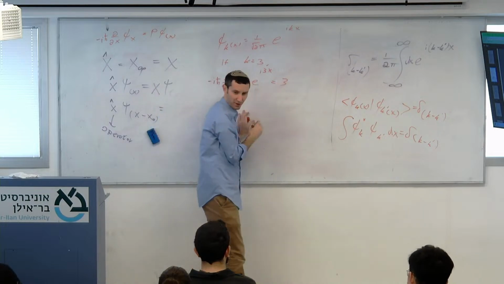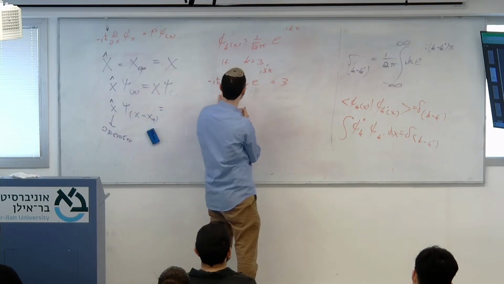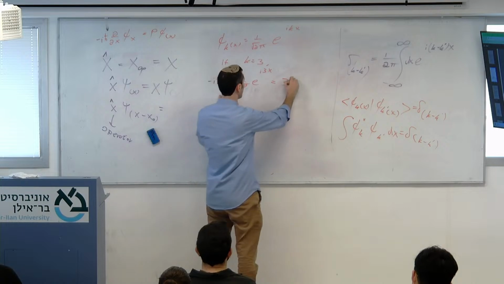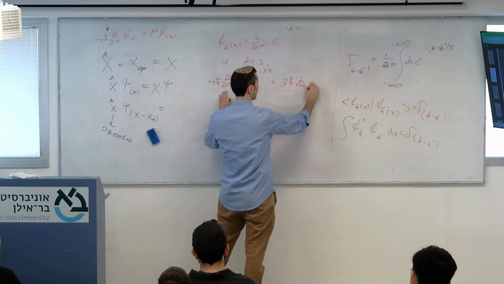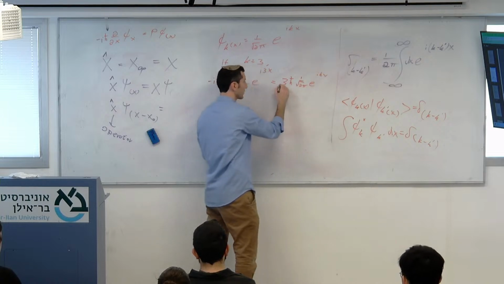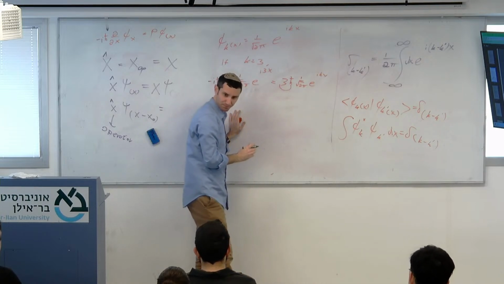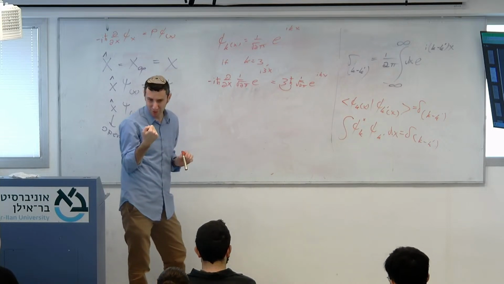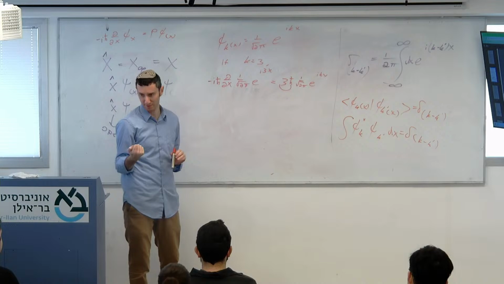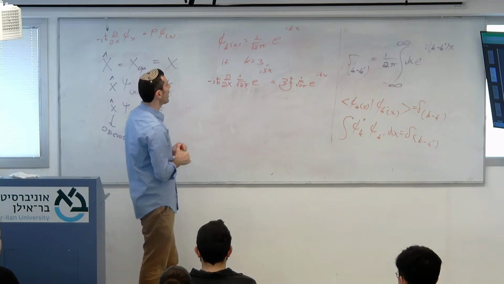It gives me 3 h bar times 1 over square root of 2 pi e to the i kx. So this here is my momentum. It's a very specific momentum. It's a number that you can know what it is.